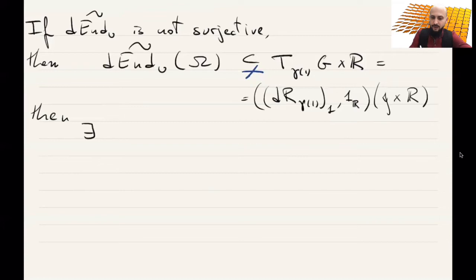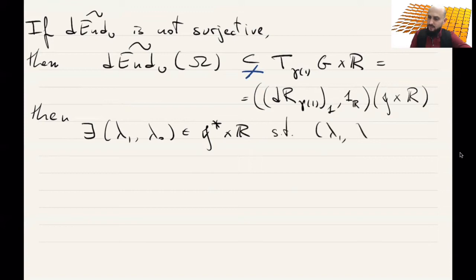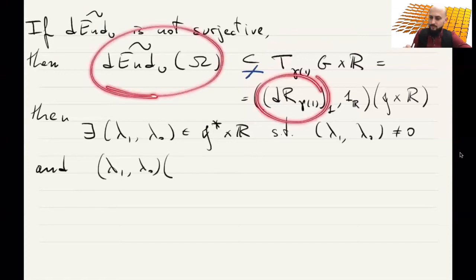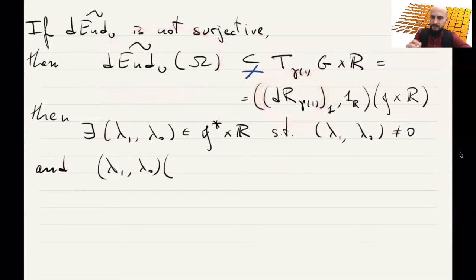I can find a covector, so a linear map from G times R to R, such that this covector is different than 0, and lambda 1, lambda 0 applied to the image, up to deleting this part here, is 0.